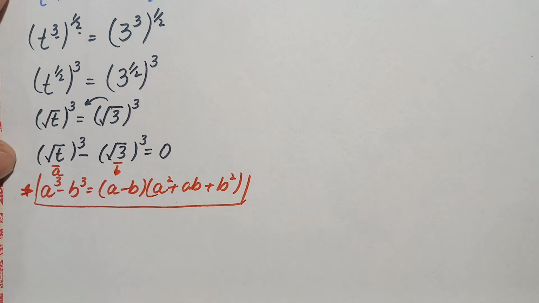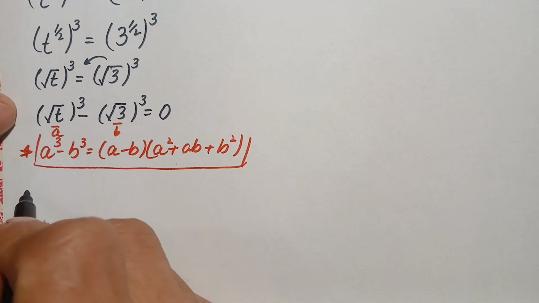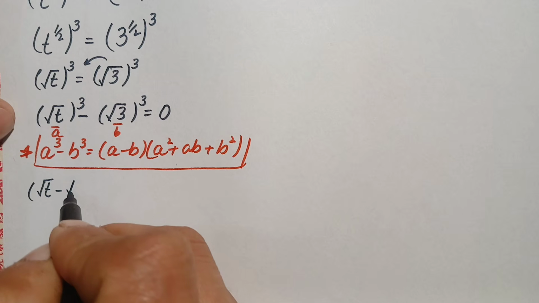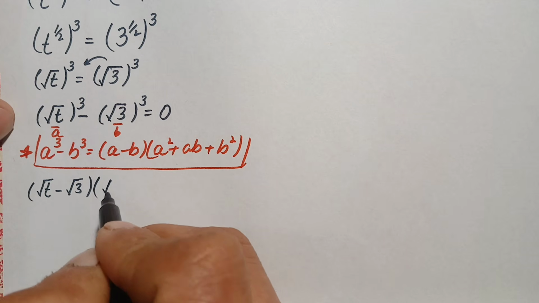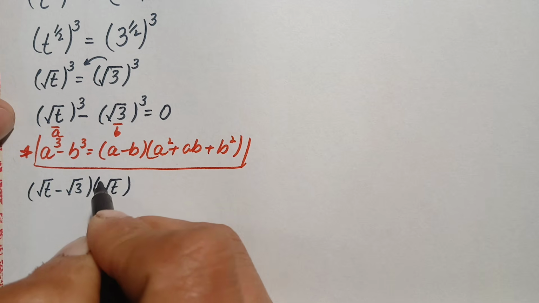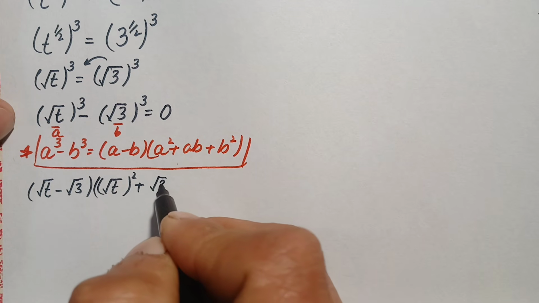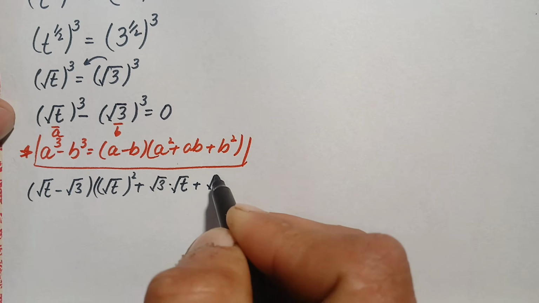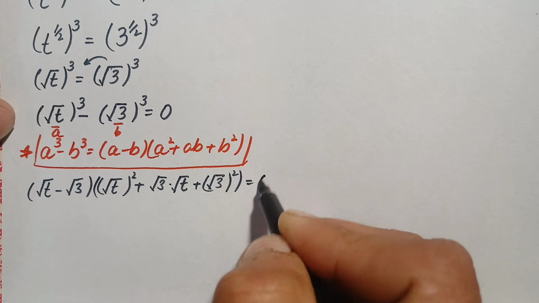So this cubic equation will become, square root of t minus square root of 3 times square root of t whole square plus square root of 3 times square root of t plus square root of 3 whole square is equal to 0.